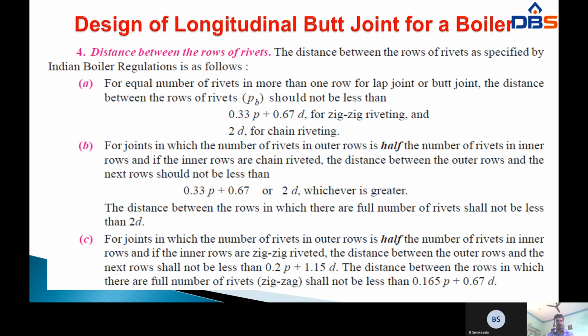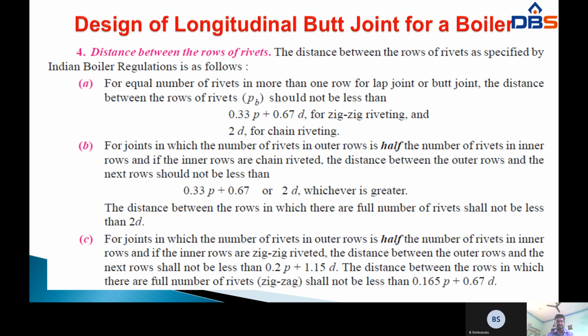Next, for joints in which the number of rivets in outer rows is half the number of rivets in inner rows, and if the inner rows are chain riveted, the distance between the outer rows and the next rows should not be less than 0.33p plus 0.67d or 2d, whichever is greater.